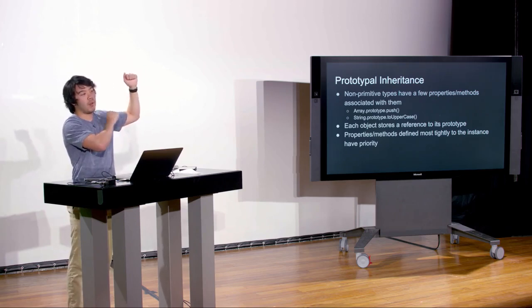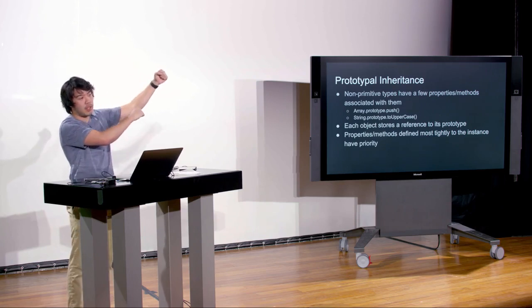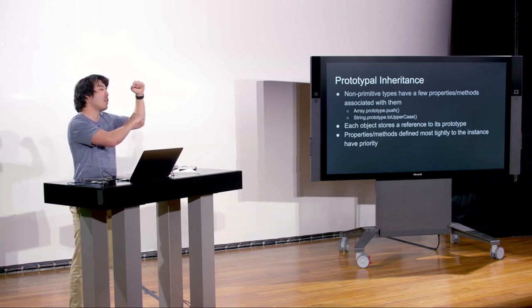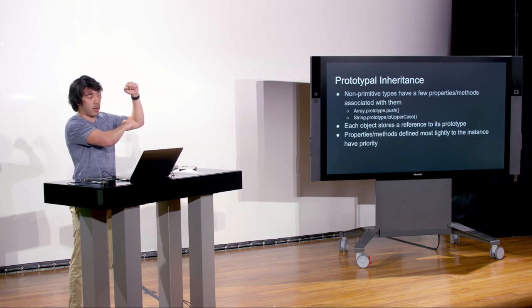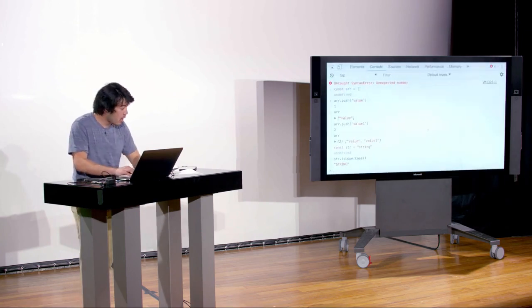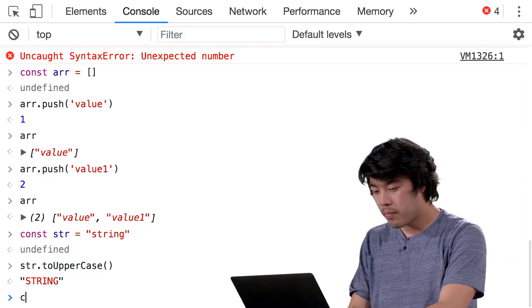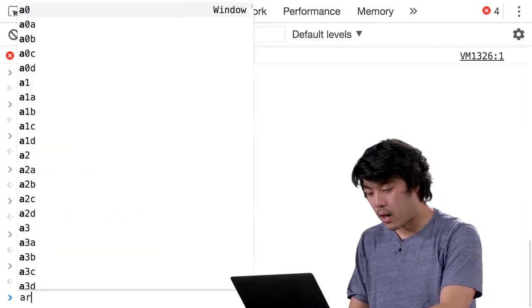Up the prototype chain, we have array. Its prototype is array. That prototype is object. Say we have the same named method on both of these. If we call that method, the one that's bound most tightly, the array, will take priority. So let's actually show that. So say we have something like that.